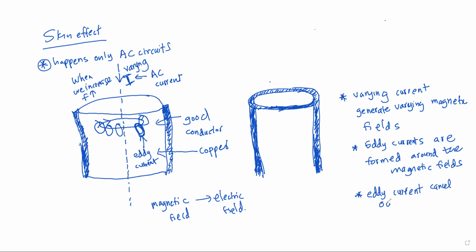Cancel out the current flowing along the central part of the conductor. Because of this, we can only transfer current along the edge of the conductor.